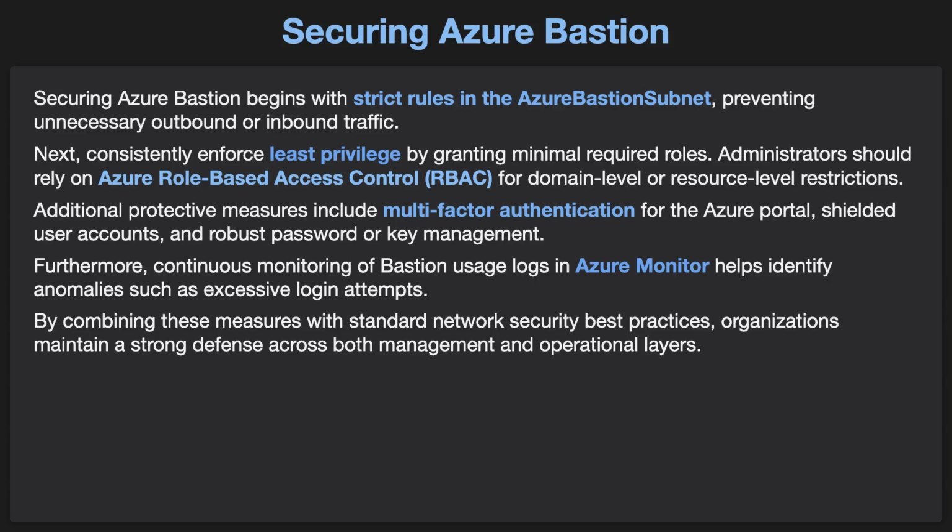Additional protective measures include multi-factor authentication for the Azure portal, shielded user accounts, and robust password or key management. Furthermore, continuous monitoring of Bastion usage logs in Azure Monitor helps identify anomalies, such as excessive login attempts. By combining these measures with standard network security best practices, organizations maintain a strong defense across both management and operational layers.